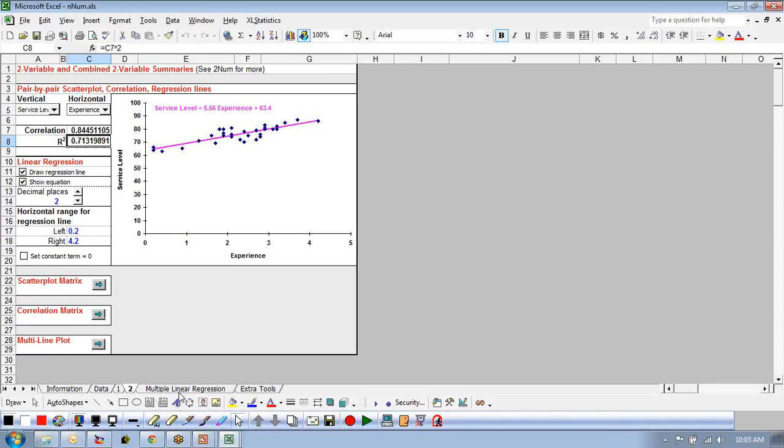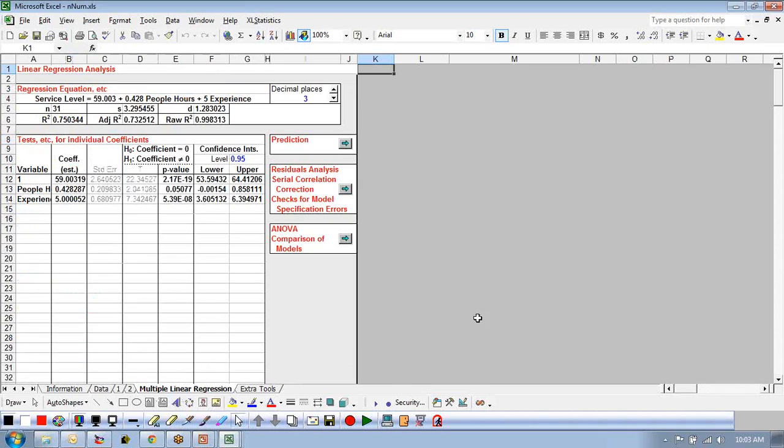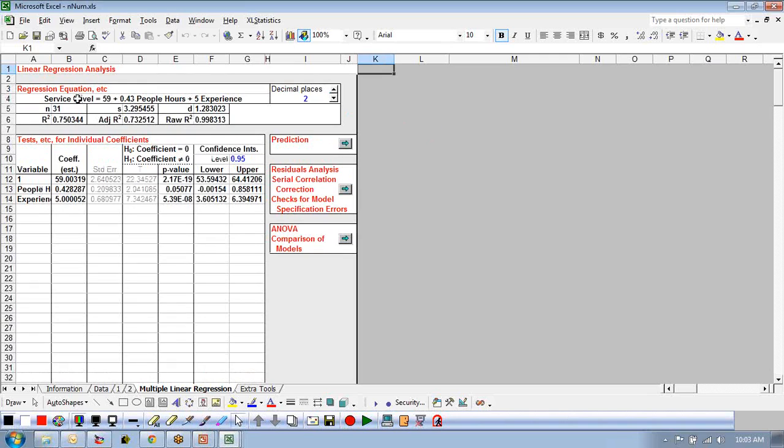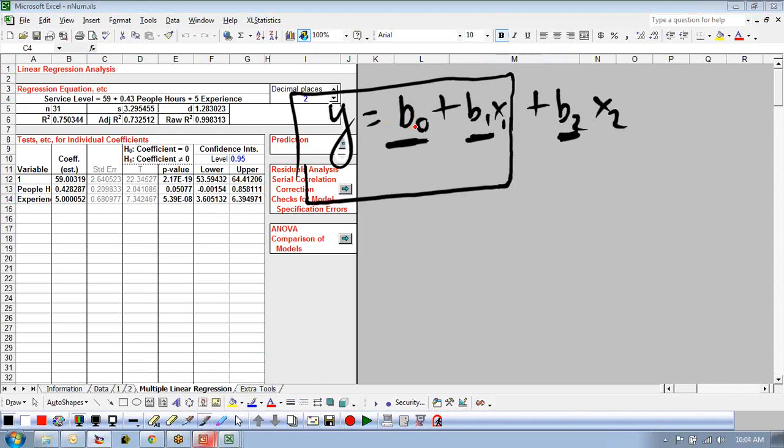By going on the tab to multiple linear regression, we can see essentially Excel stats fit and what that equation is. Okay, so it predicts that y equals B0 plus B1x1 plus B2x2.